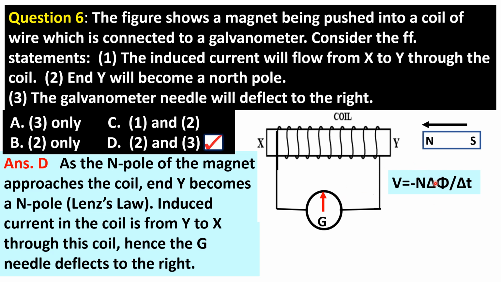Delta phi is actually what we call the change in the magnetic flux. And a magnetic flux is simply the product of the magnetic field and the cross-sectional area of the coil. So, the bigger the radius of the cross-sectional area, the greater is the delta phi.